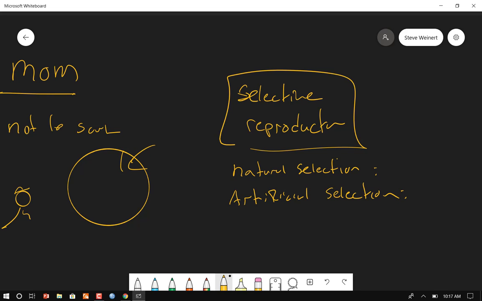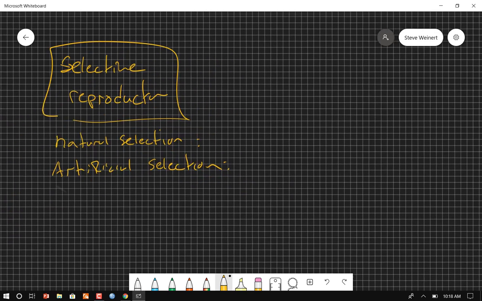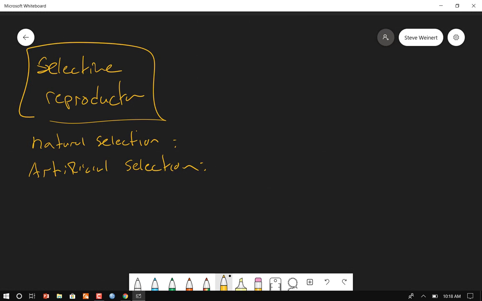I'm going to not finish that sentence. How do you decide to reproduce? Well, some people make bad choices, and alcohol's involved. But how do you decide? How do you choose a partner? Well, yeah, we have these stupid things called human emotions that get involved with this, but we also have hormones.